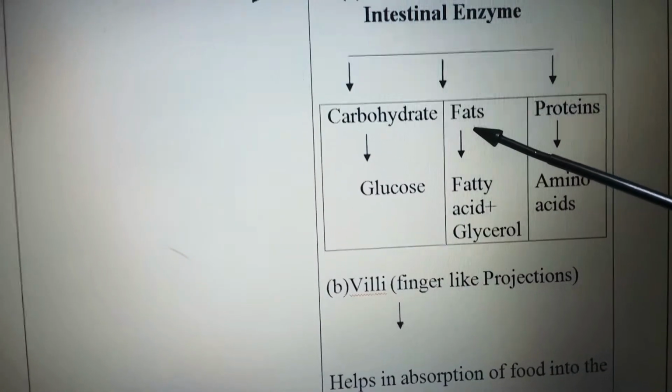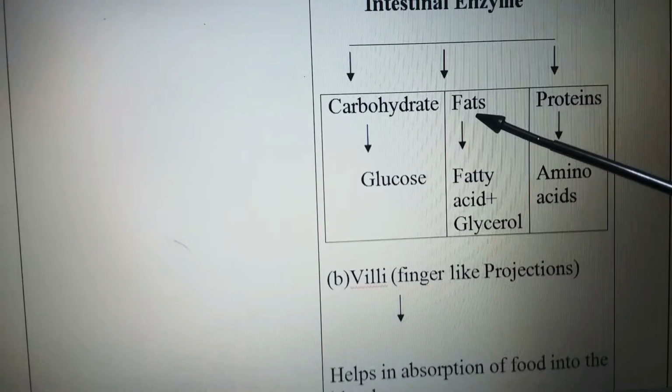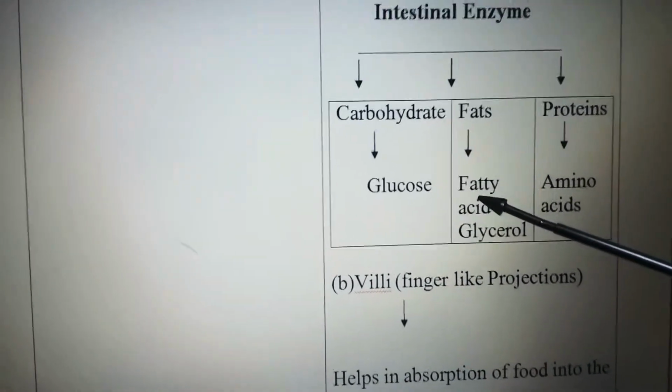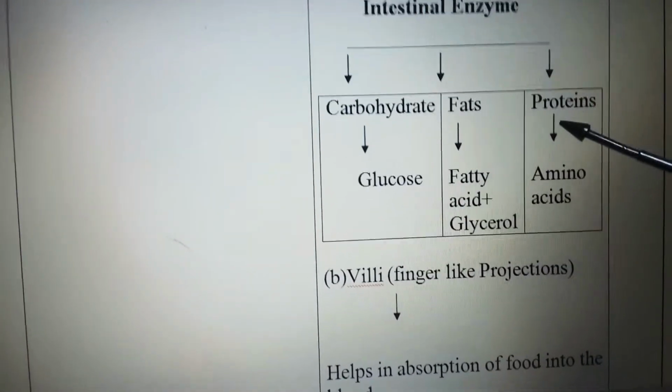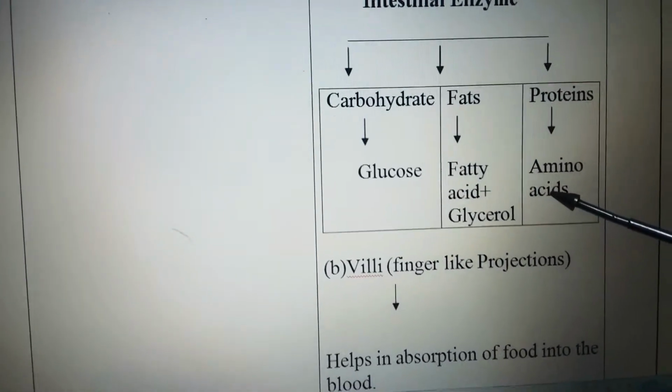If the food is rich in fats, fats are acted upon by the intestinal enzymes and broken down into fatty acids and glycerol, and proteins are then broken down into chains of amino acids.